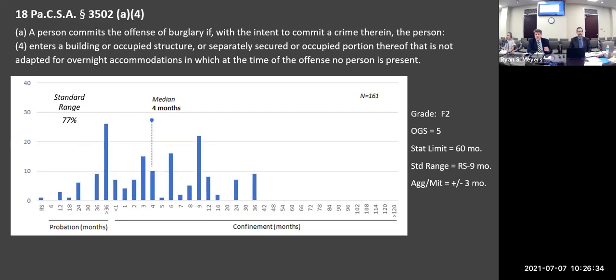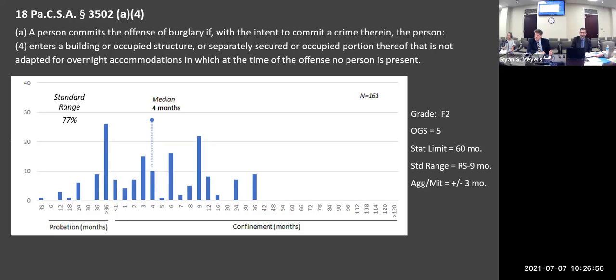Let me just mention one other thing about the mode, though, that can be helpful to the commission. Back in the early 80s, when the commission was first developing guidelines, we used AOPC data from 1977 to look at the distribution of sentences.